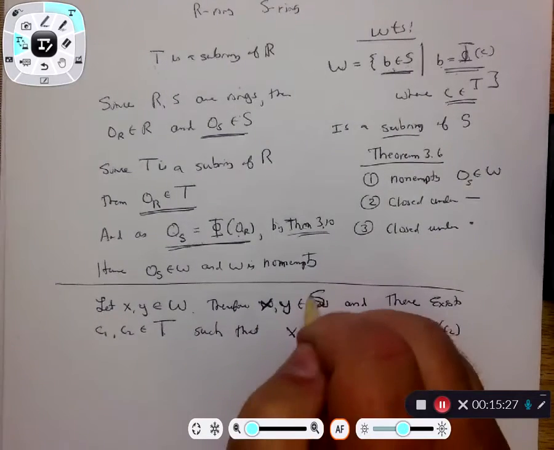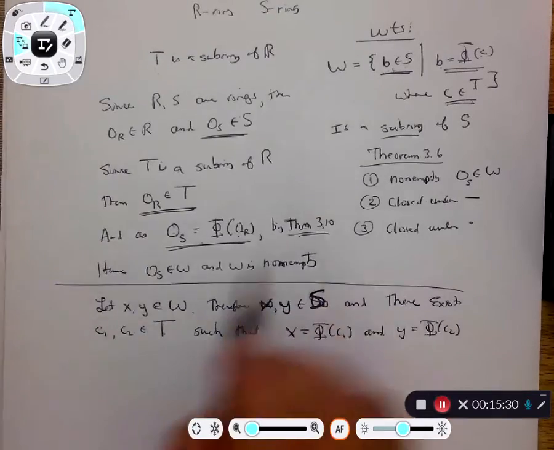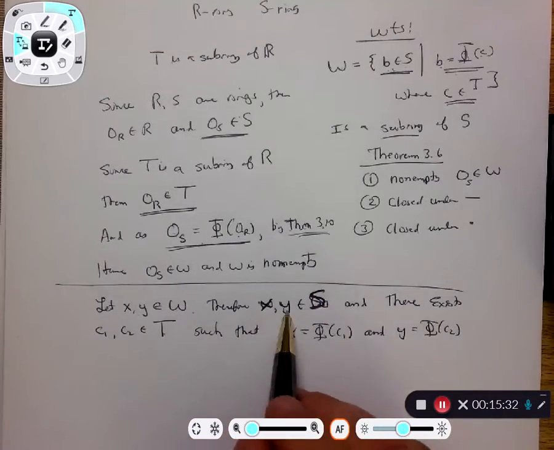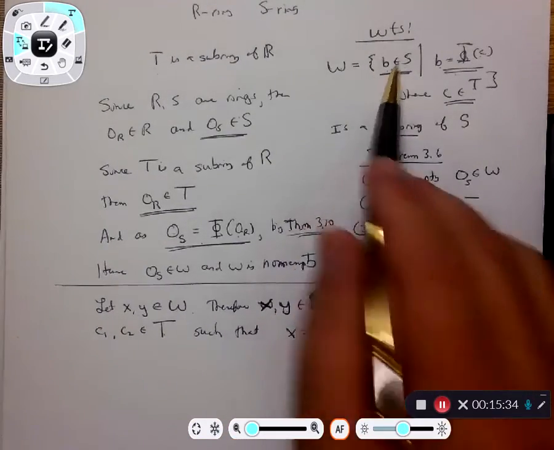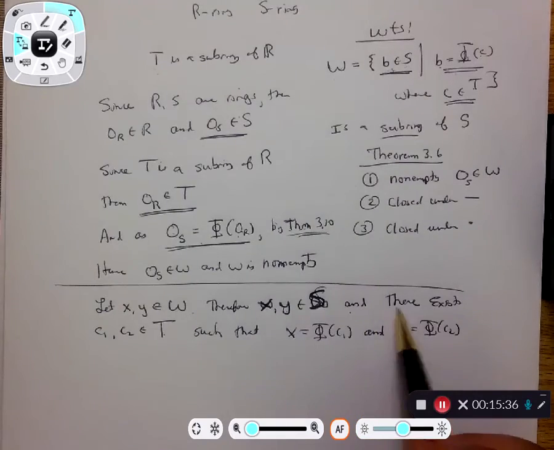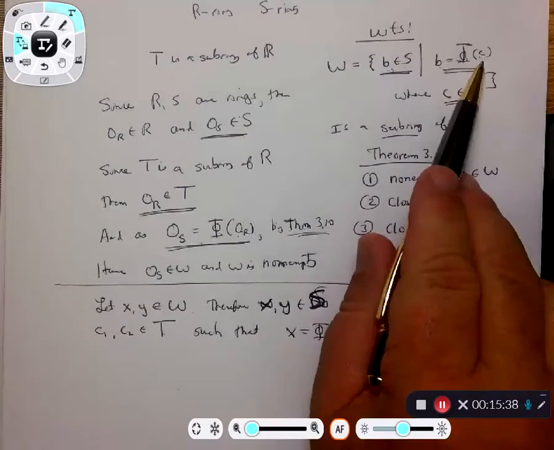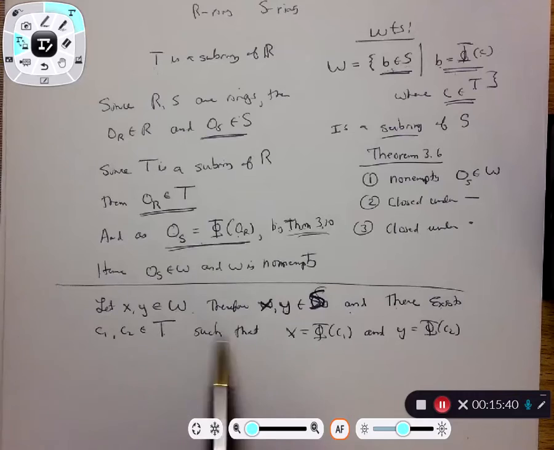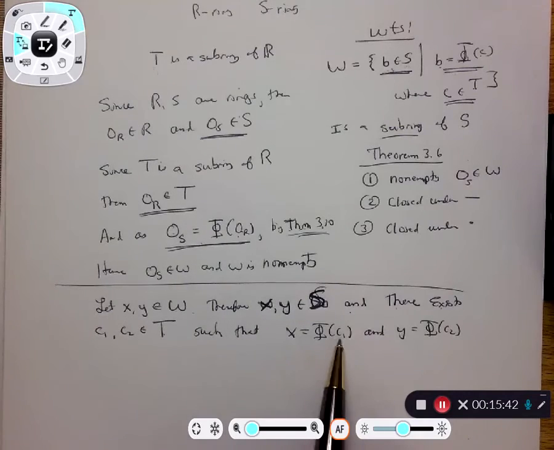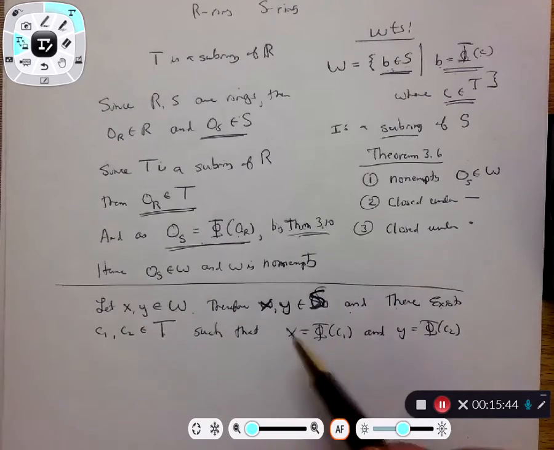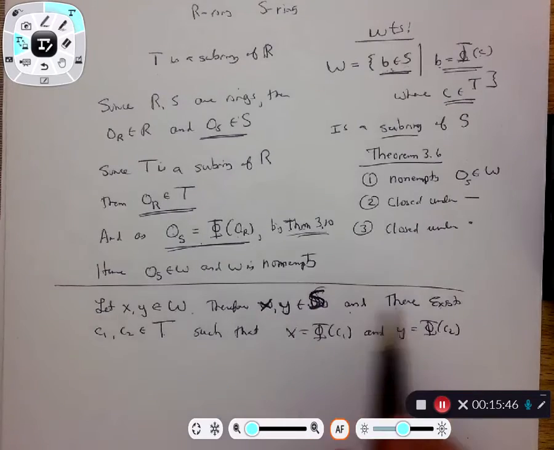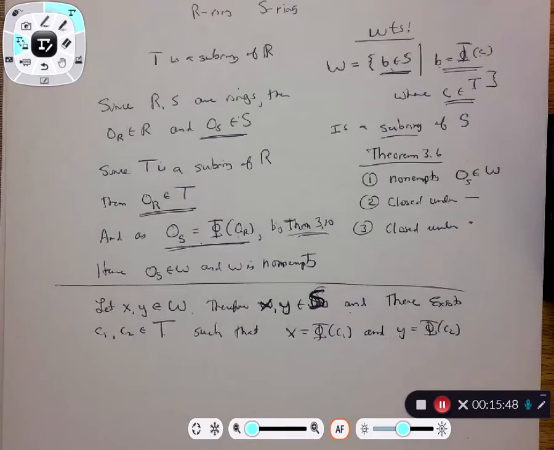That's a typo there, excuse me. So x and y are elements of W, therefore x and y are elements of S, because that's where I come from. And there exist a C1 and a C2 in T, such that x is equal to phi of C1 and y equals phi of C2. So I've got all three properties going on here for my x and y.